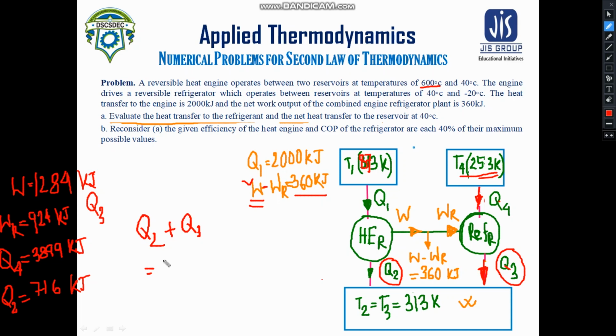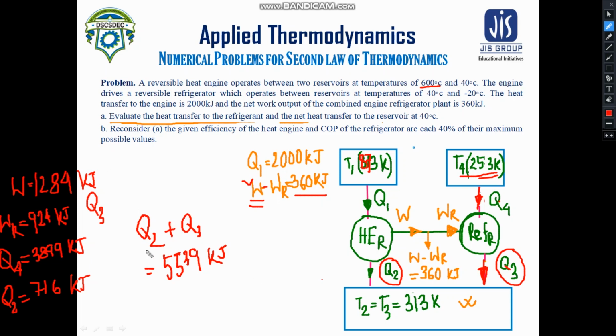I didn't write it there, I just forgot, and you will see the result will be 5539 kilojoule. Simply adding up these two, you will get this value. So with this we have dealt with the first problem.